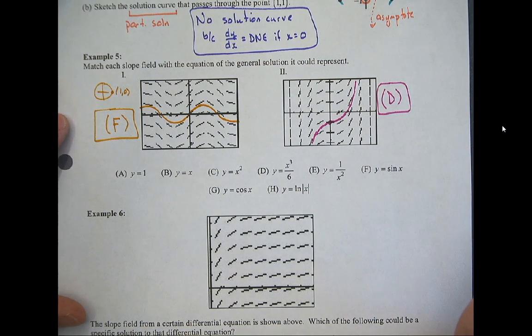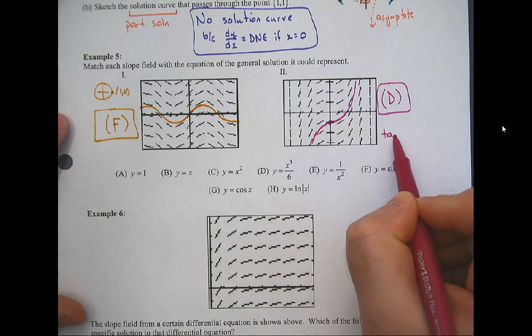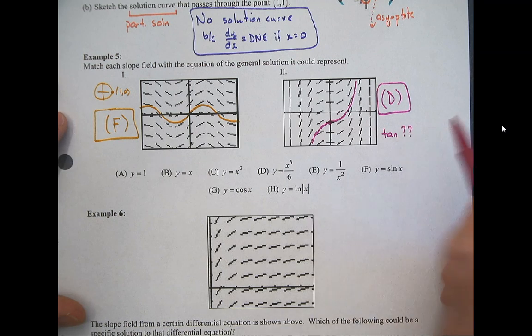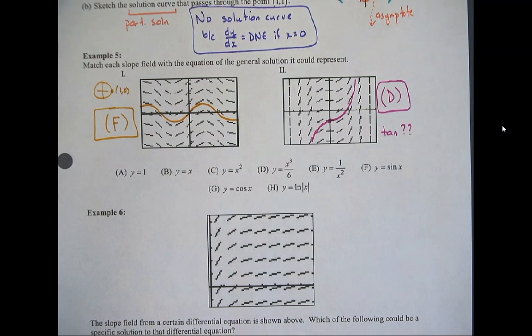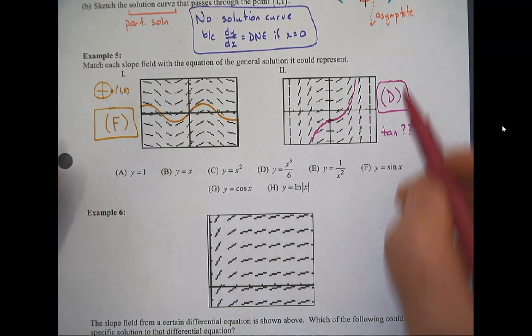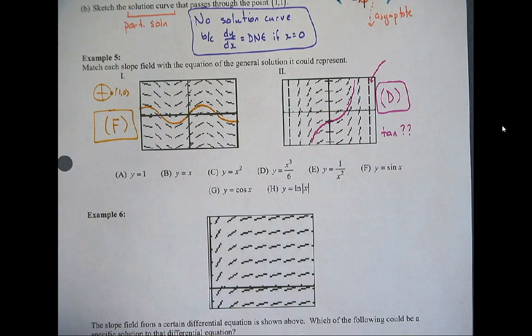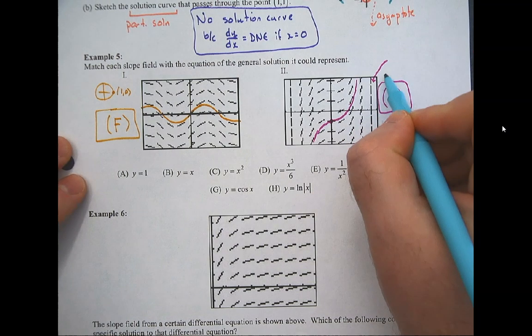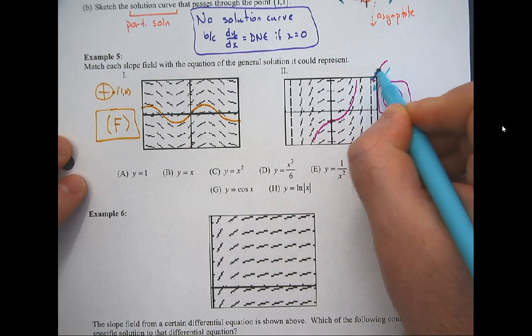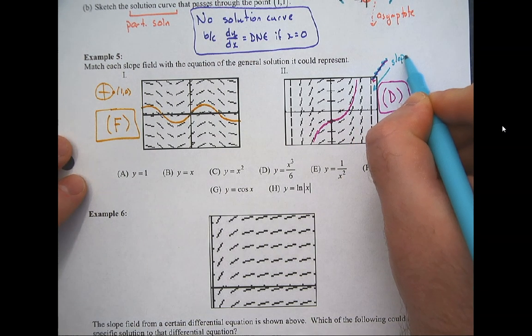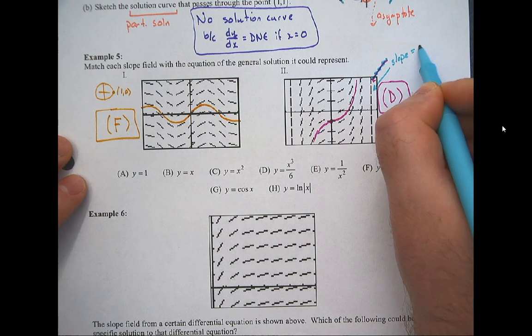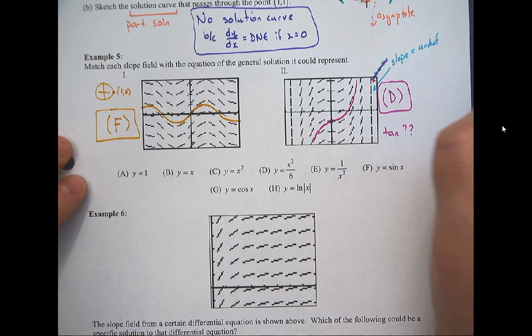Now we would have some problems if they put tangent as an option. Oof, that could be tangent. As I look at this, what are these slopes? Slope equals undefined, it looks like, right?